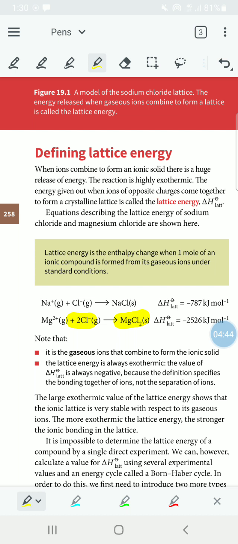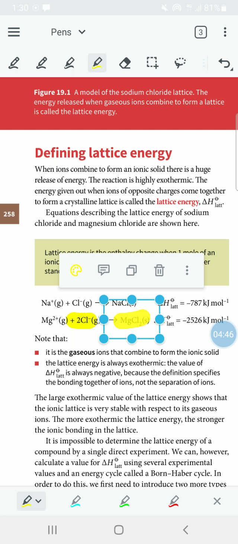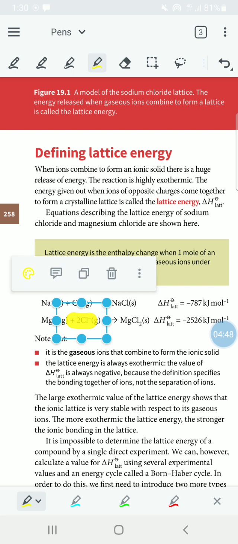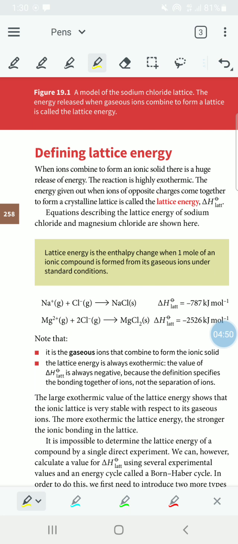So when you do calculations and you get a positive number, you have made a mistake somewhere, and you absolutely must correct it, because delta H lattice energy is always exothermic.